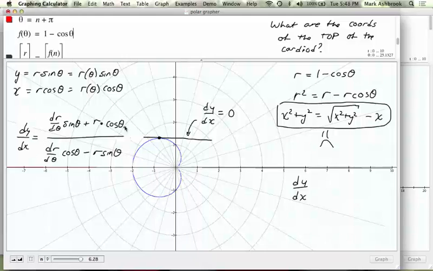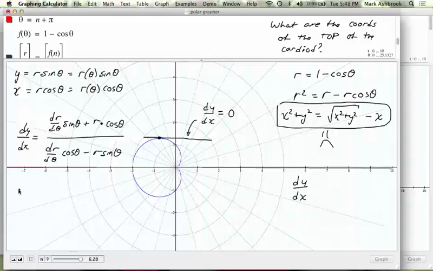We need this whole thing to equal 0. And what makes a fraction equal to 0? Numerator. So all we really need is the numerator. We need that numerator to be 0, and we want to get theta and r that does that.